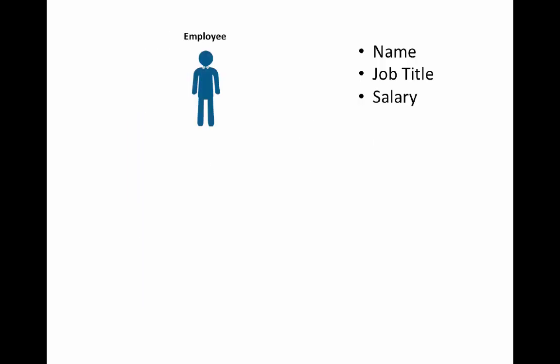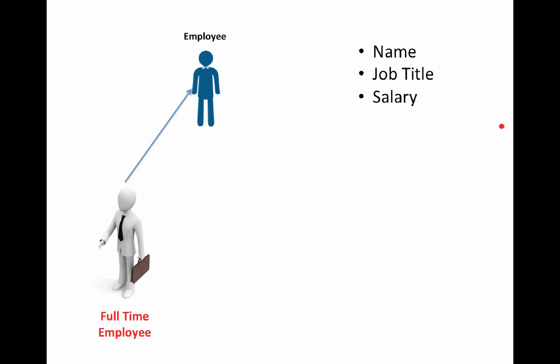Now let's say we want to create another class called full-time employee. A full-time employee is an employee. He will have his name, job title and salary. In addition to this, to calculate his salary, he would have a basic pay, allowance and deduction.